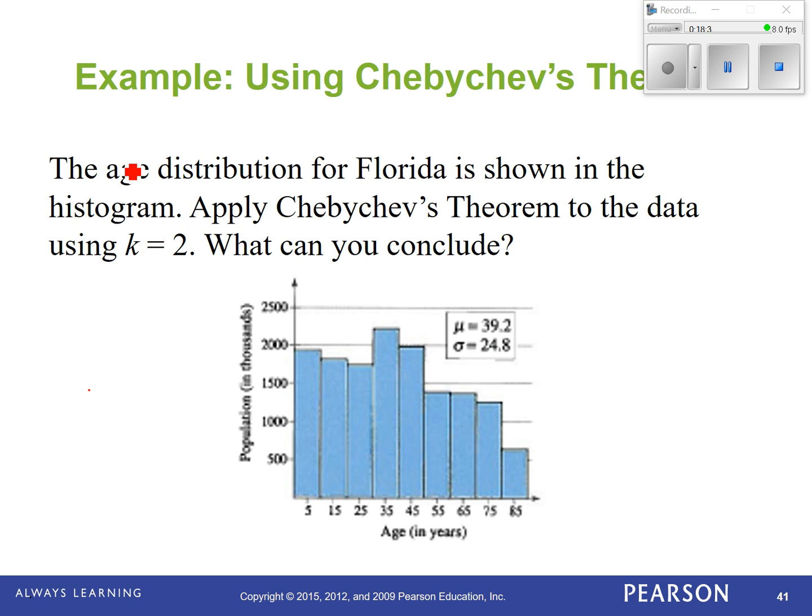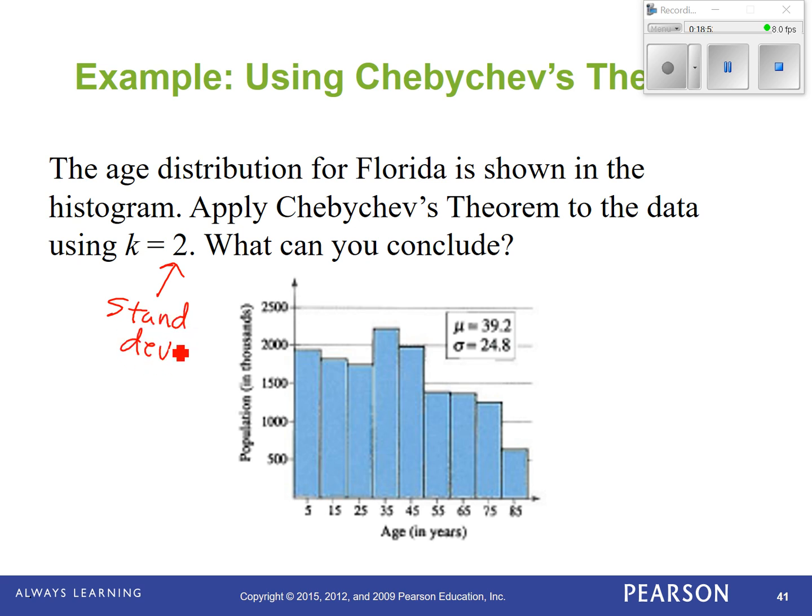So if we look at this example, the age distribution for Florida is shown in the histogram. Notice that the histogram is not symmetric. Apply Chebyshev's theorem to the data using k equals 2. So again, that k stands for how many standard deviations we're going.